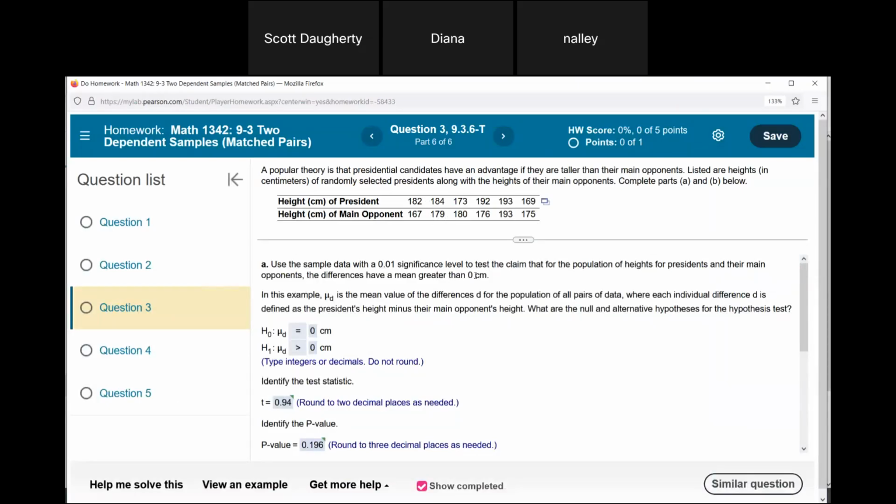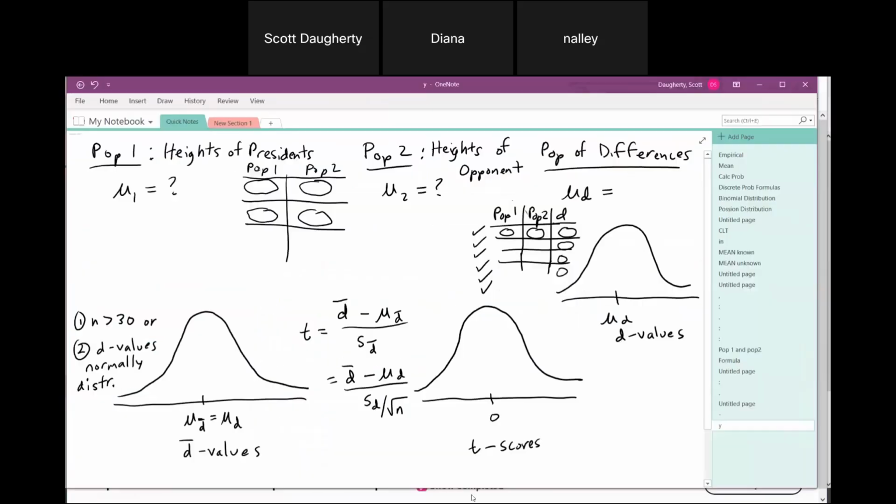In this case, if you read this carefully, the claim is: test the claim that for the population of heights for presidents and their main opponents, the differences have a mean greater than 0. So they're claiming that if you were to find the difference, the president's height minus their opponent's height in every election, so the entire population, if you found the difference in every one of those matched pairs, the mean of these differences would be bigger than 0.